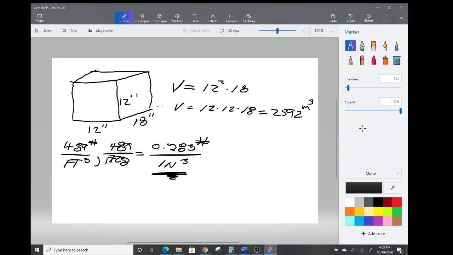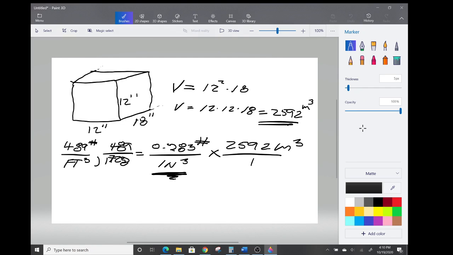So all we got to do is multiply this times our volume, times 2,592 inches cubed over 1, because here we have pounds per inch cubed, right? So what do we get?